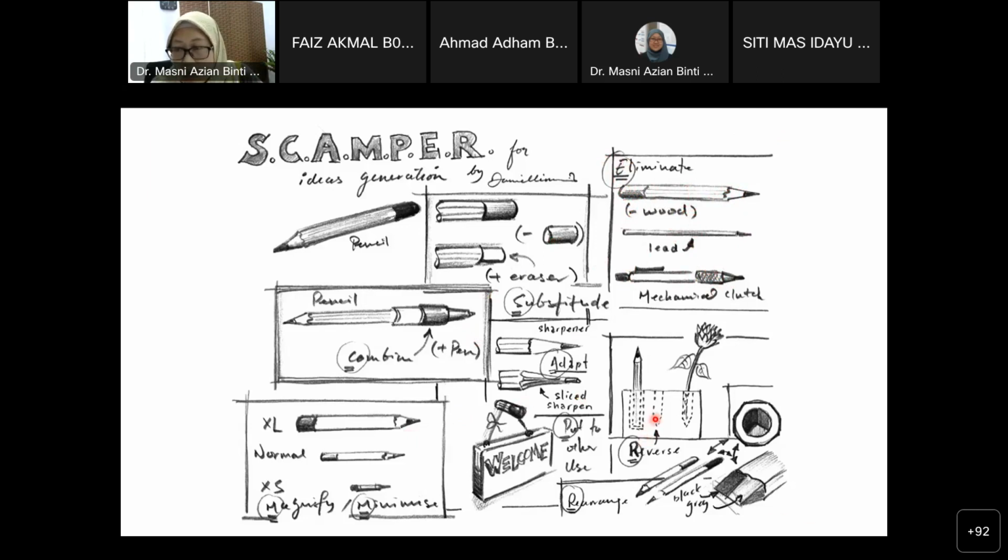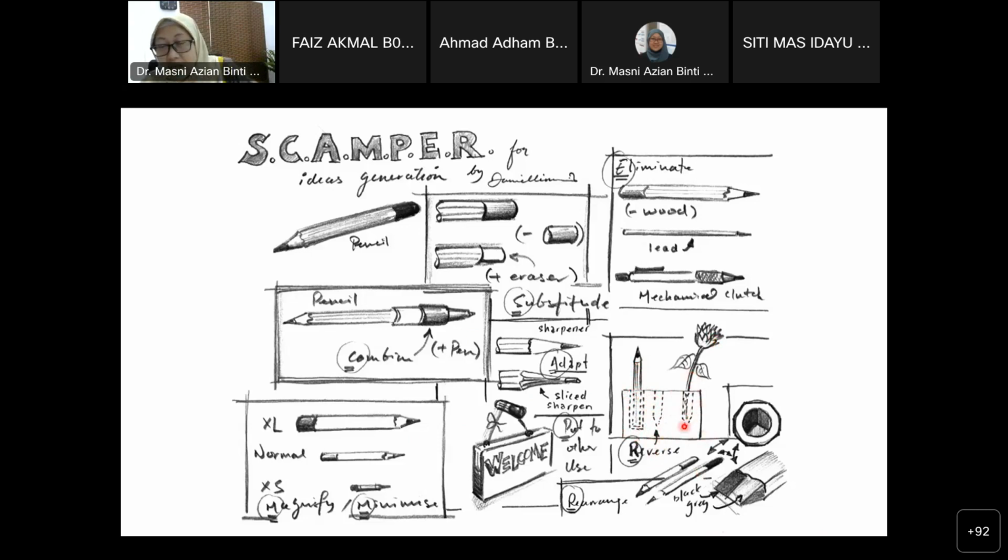Okay, R is related to reverse. So if you notice sekarang ni ada orang dia buat pencil yang boleh tumbuhkan pokok. The pencil have some kind of seeds dekat dalam dia. It's like a degradable pencil. So they reverse the purpose of the pencil. So this pencil dia kata okay maybe boleh consider untuk replant a plant ataupun it can be used as a slot opener, okay, untuk buat a slot to plant a new plant.